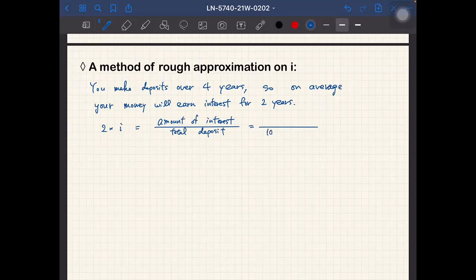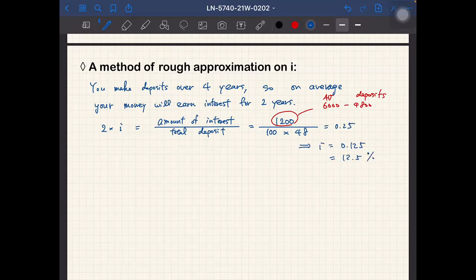And the amount of interest is 1,200, because 6,000 was the future value, the accumulated value, minus the deposit: 6,000 minus 4,800 is 1,200. So 2I is equal to 1,200 over 4,800, which is 0.25. That means I is approximately 0.125, or 12.5%.